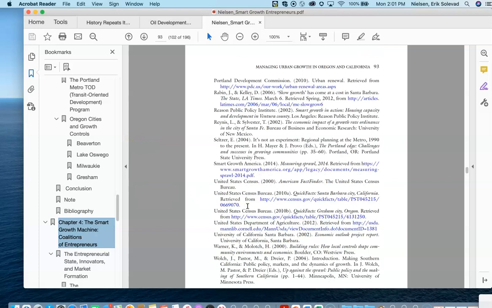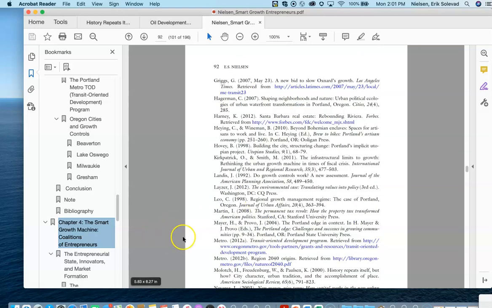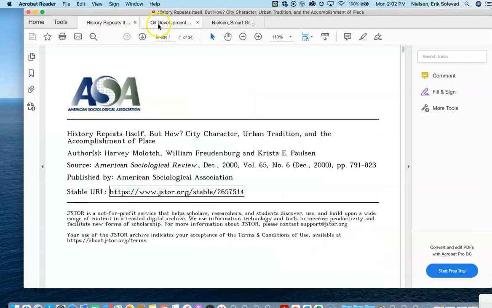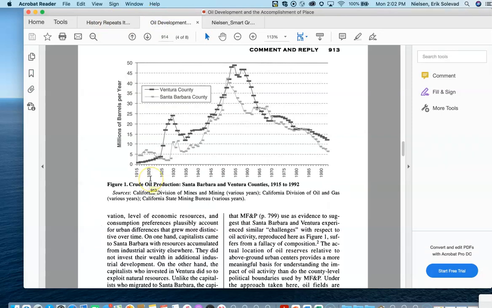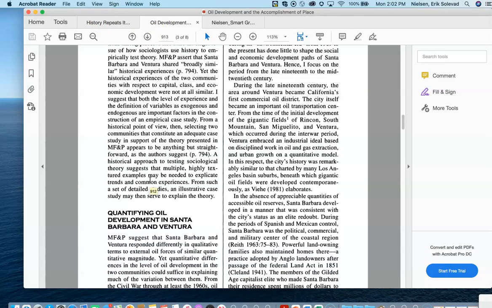So anyway, I think I'll end it there today and let you get to studying. As I said, just for your own purposes, if you're interested, I will upload these books on Ventura and Santa Barbara and oil development, and you can take a look at that.